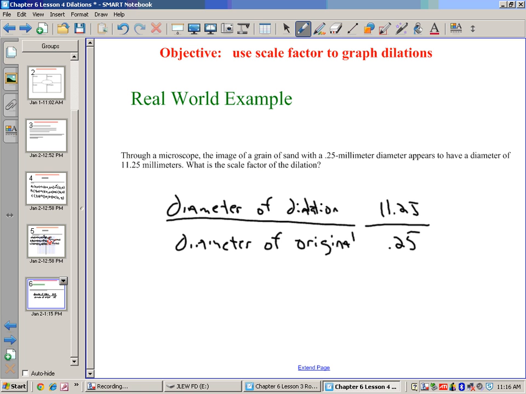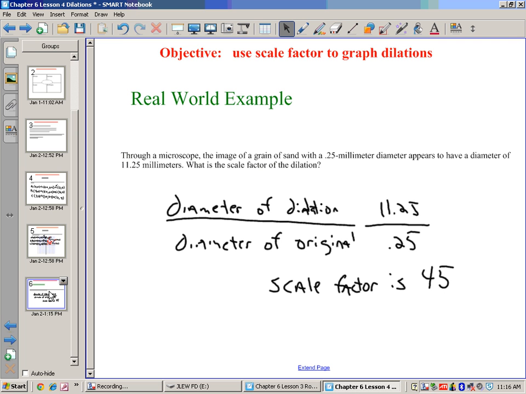If you just divide that out, our scale factor is 45. So you would take your dilation over the original and divide them out, and that will give you the scale factor of your problem.